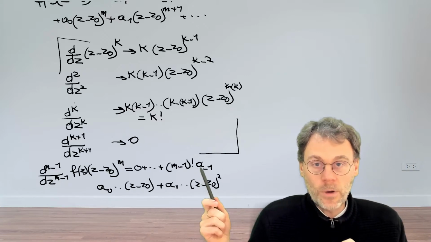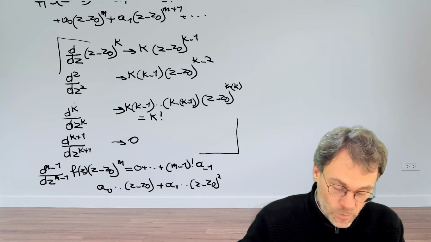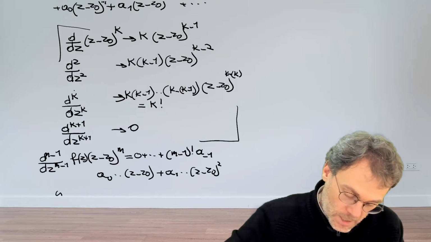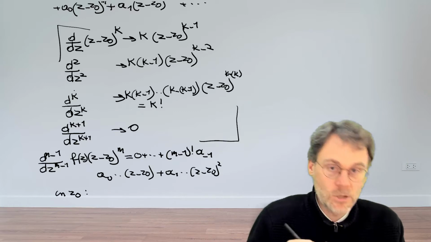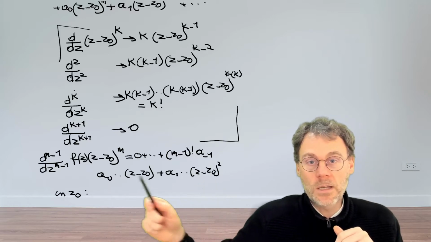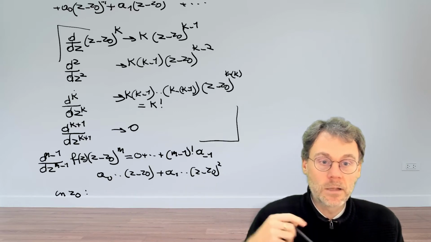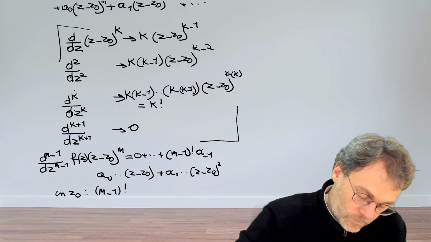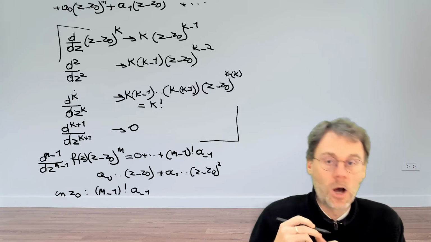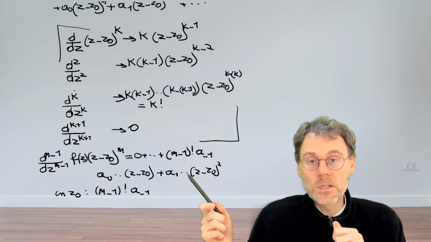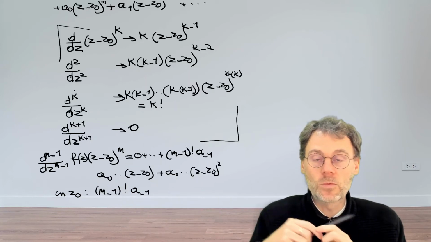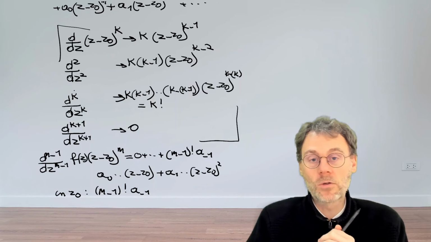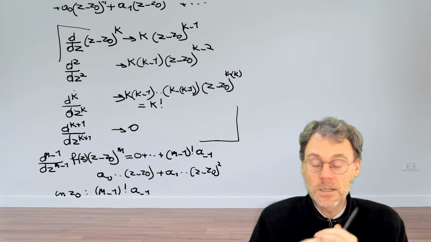So the important part now is if we evaluate this whole expression in the point we're interested in, z naught, then all of these guys over here will disappear, and the only thing we're left with is m minus 1 factorial times our residue. So this indeed shows that the recipe that we proposed to calculate the residue in a pole of order m is indeed valid.